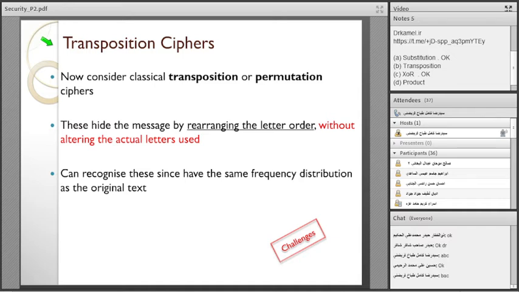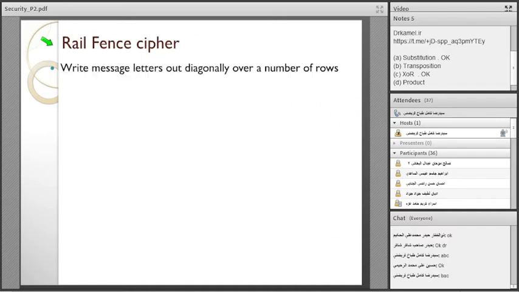As an example of transposition methods, we talk about the rail fence. You know what a rail is, same as in Farsi, I think, same as Arabic. Trains use rails, and fences are similar to rails.